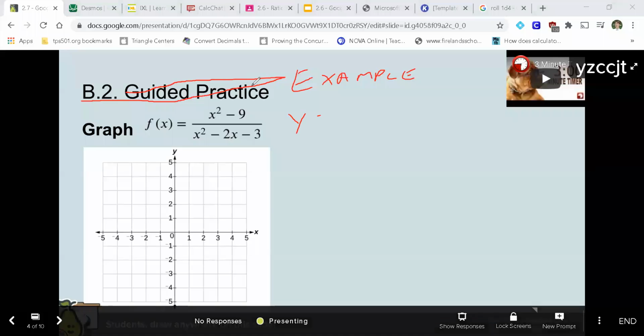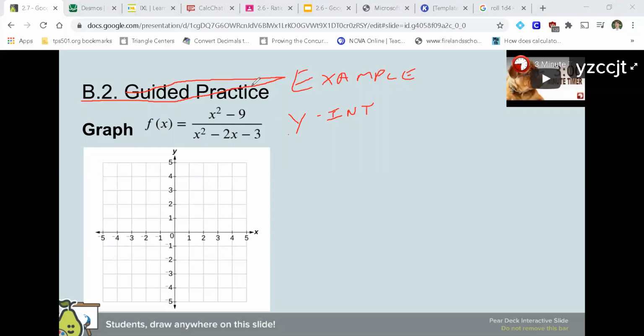To find the y-intercept, all you do is plug in 0 for x. So f of 0 would be 0 squared minus 9 over 0 squared minus 2 times 0 minus 3.